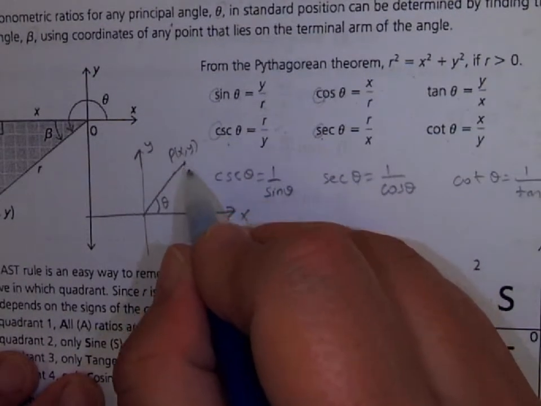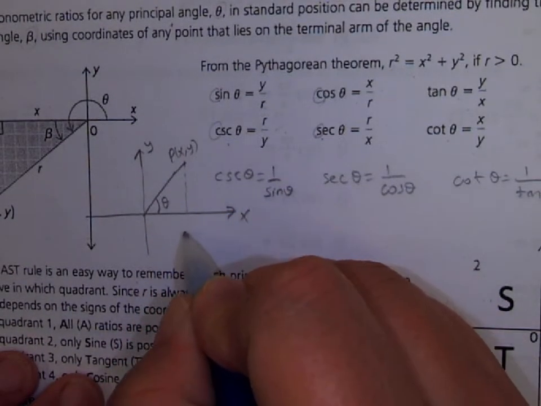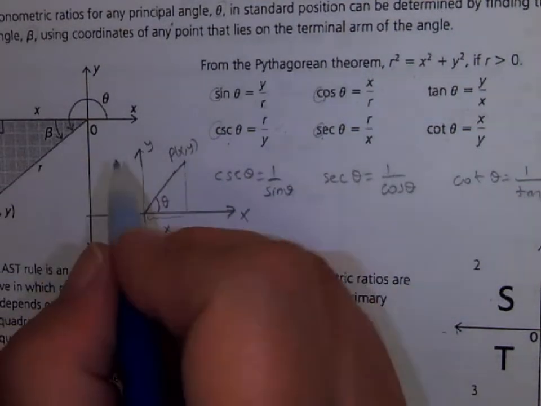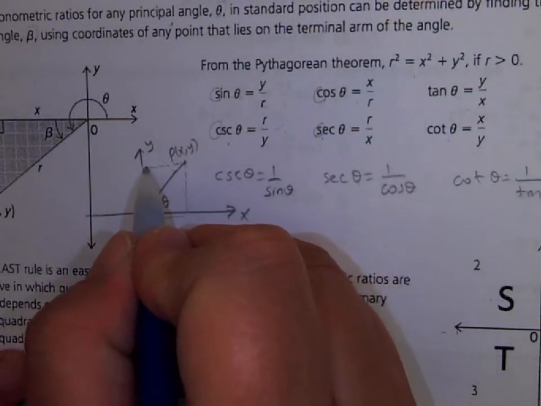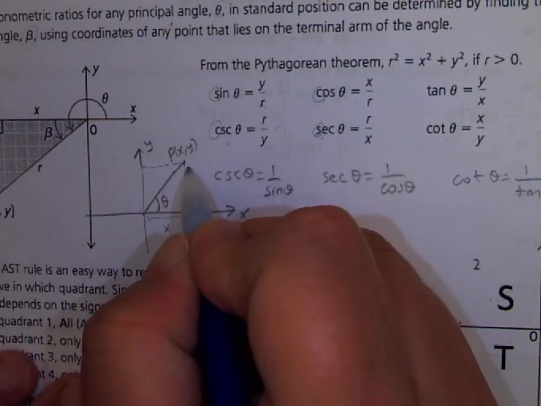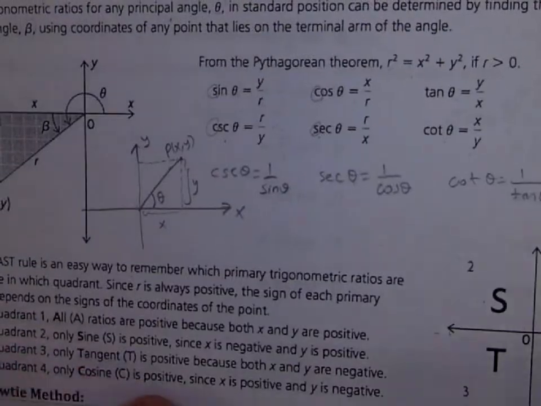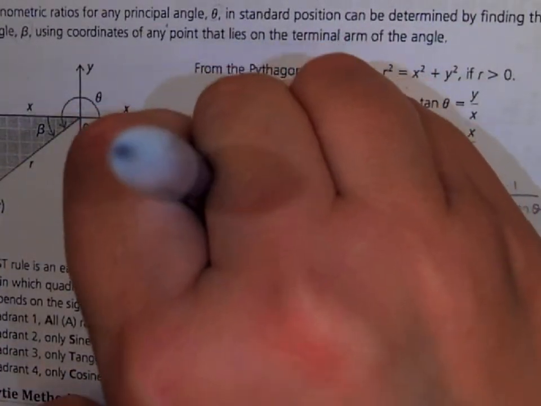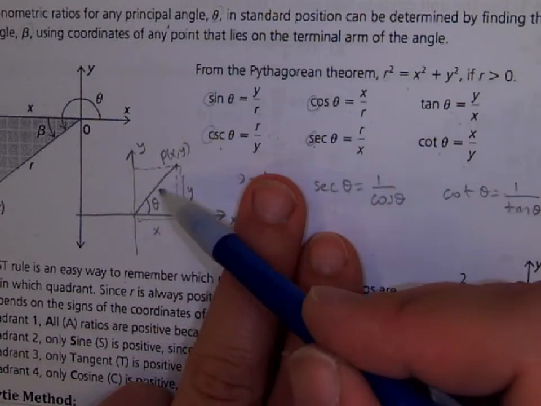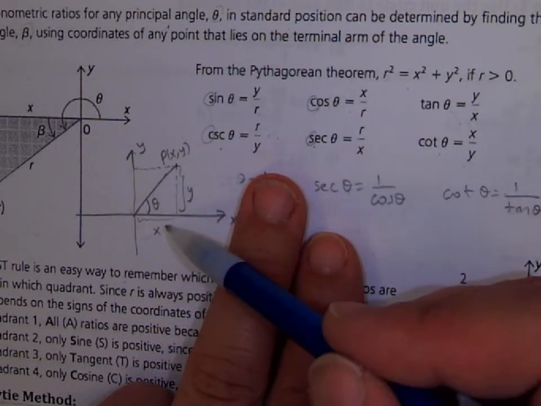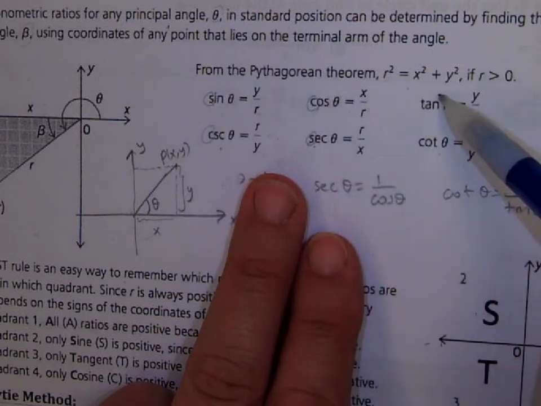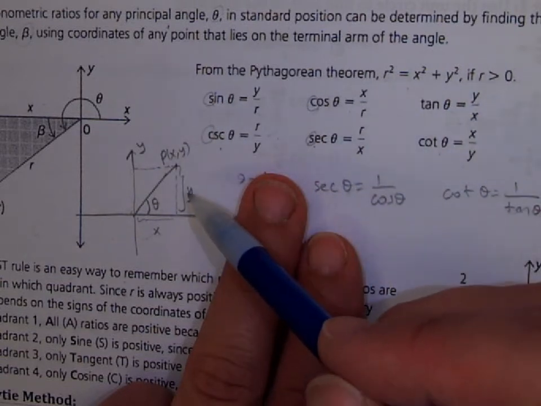If you drop a perpendicular line to the x-axis, this distance is going to be x, and if you draw a perpendicular line to the y-axis, this distance is y. Then using this triangle, we can write the sine ratio, cosine ratio, and tangent ratio in terms of x and y.